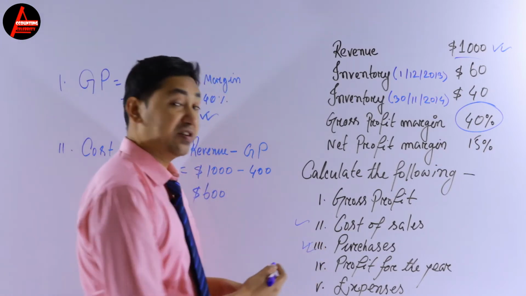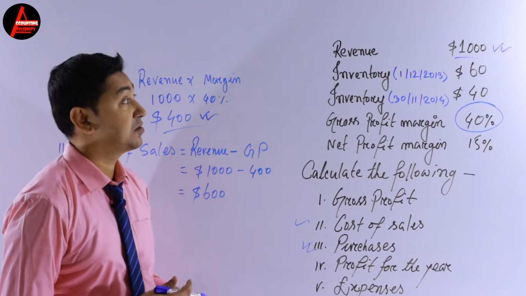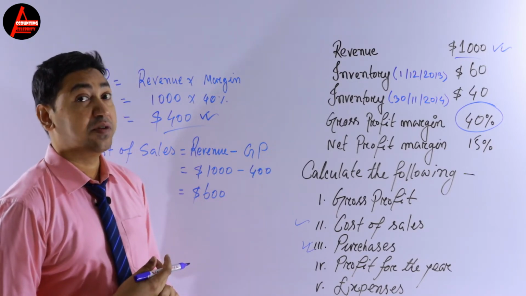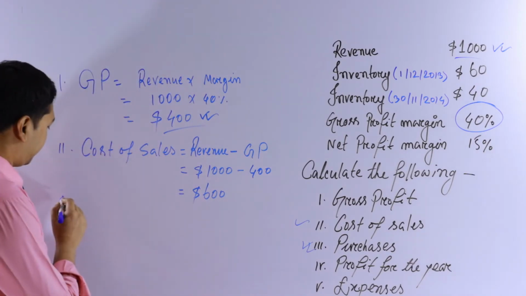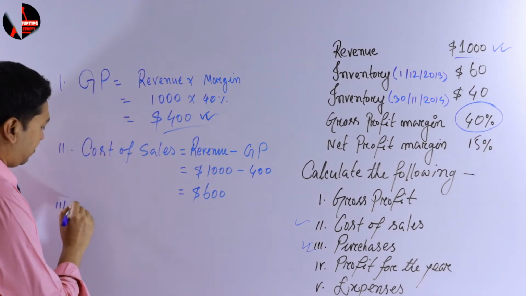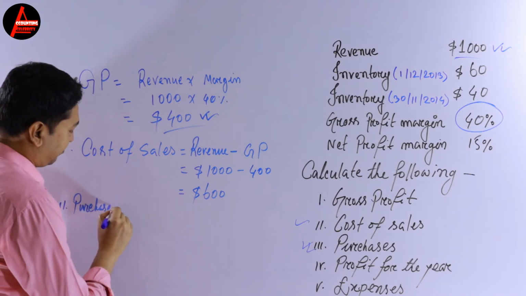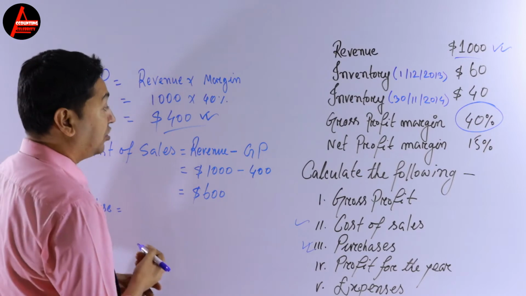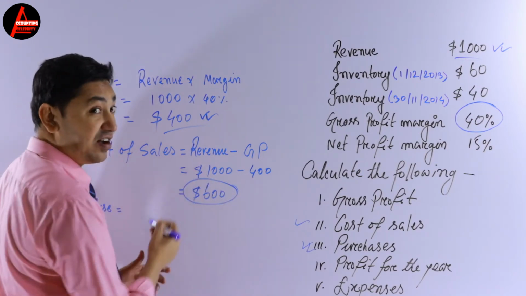Yeah, we have to calculate now purchase. So think how to calculate purchase from this information given. So purchase will be here, number 3, purchase. Okay, purchase equal to, so we calculated cost of sales, which is $600.